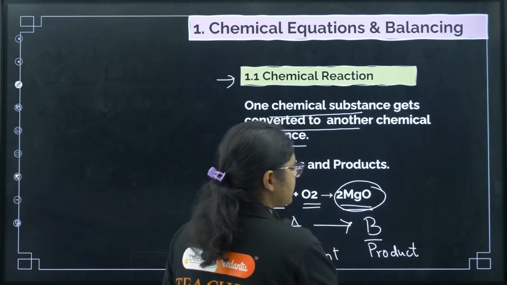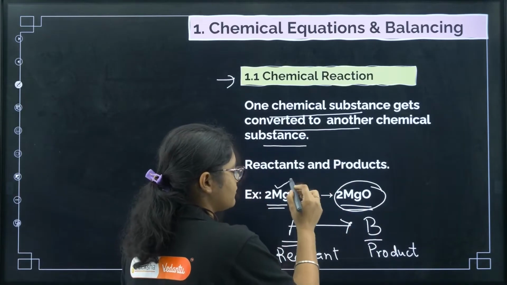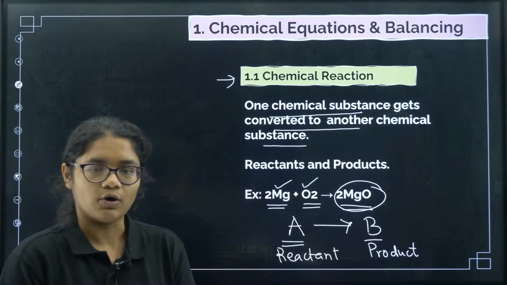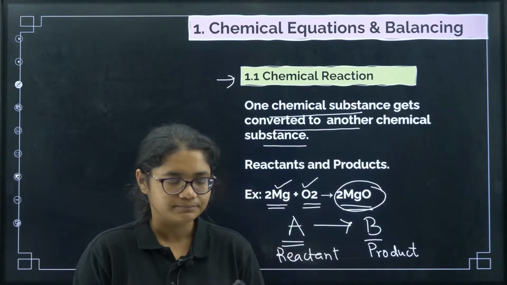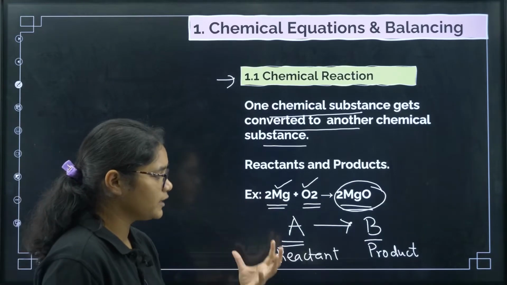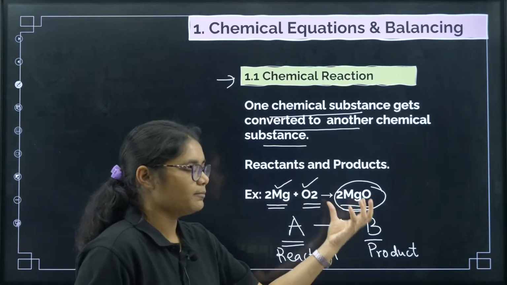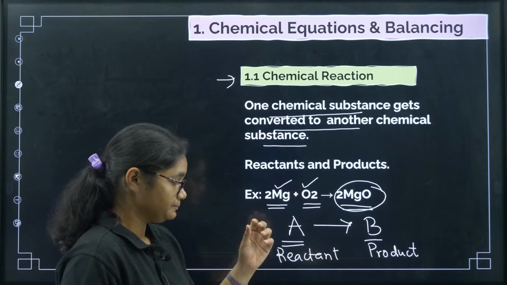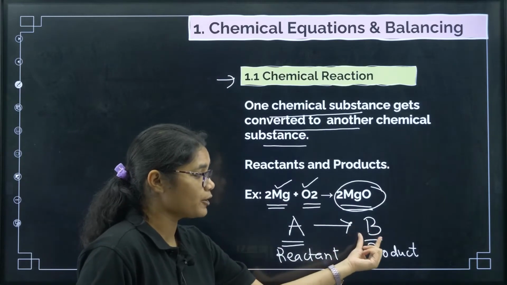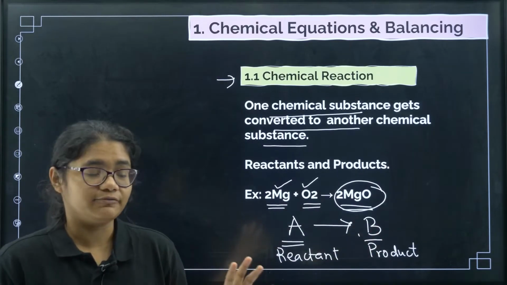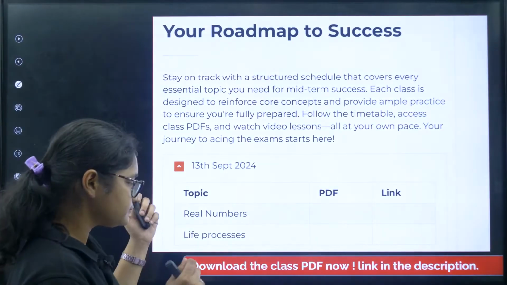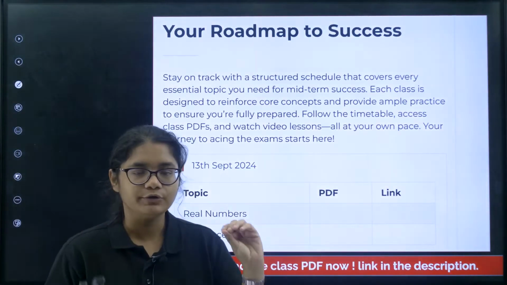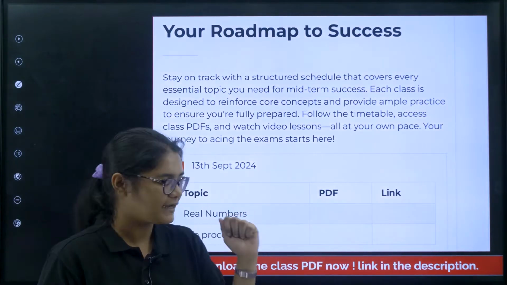The properties of magnesium oxide are completely different from the properties of magnesium and oxygen. So that is what a chemical reaction is: a compound undergoes certain changes to form another compound, and the product that is formed is completely different from the reactant.